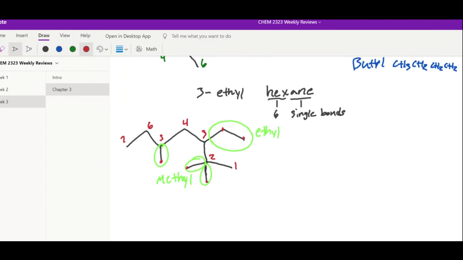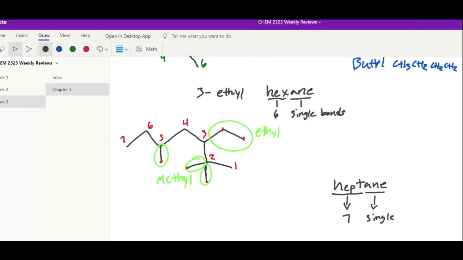Okay? So now that we got our parent chain, identified our substituents, let's start putting this together. So 7 is hep, and then it's all single bonds, so it's going to be heptane. Okay, so this is our parent chain. Again, this is because it's 7. This part is because it's single bonds.